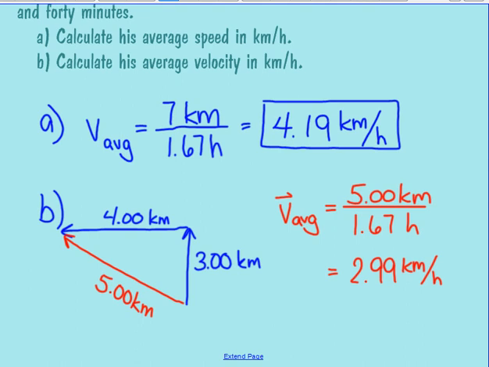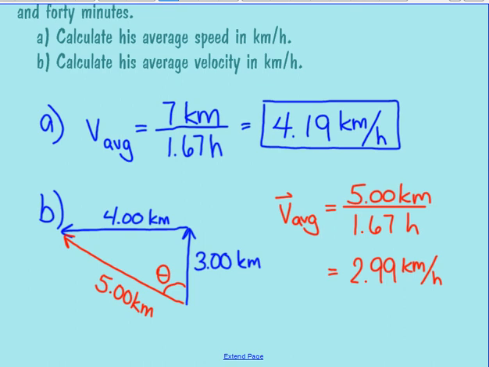I need to find the angle, and again, it's always the angle at the base or the tail end of your vector. So it's the angle that I've marked with theta in my diagram. While I could use any trig function to solve for that, since I know all 3 parts of the triangle, I prefer using the tangent just because that uses 2 values we were given in the problem rather than the hypotenuse, which is something we calculated.